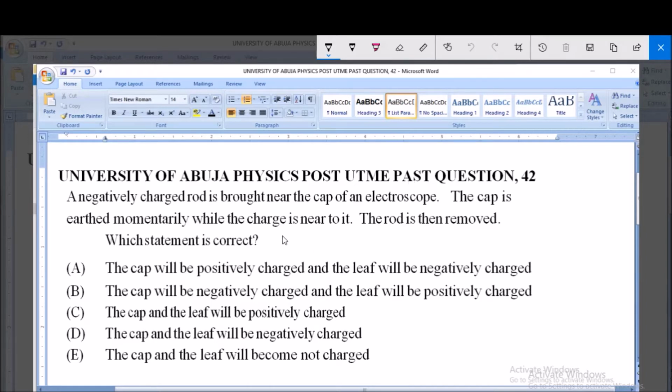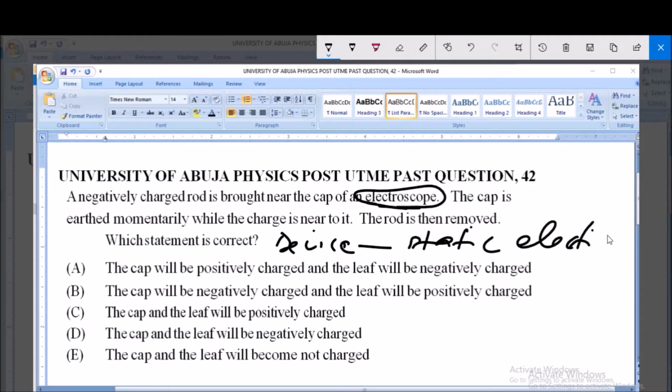Now, it says an electroscope. An electroscope is actually a device that is used to measure static electricity. That is the function of this device.